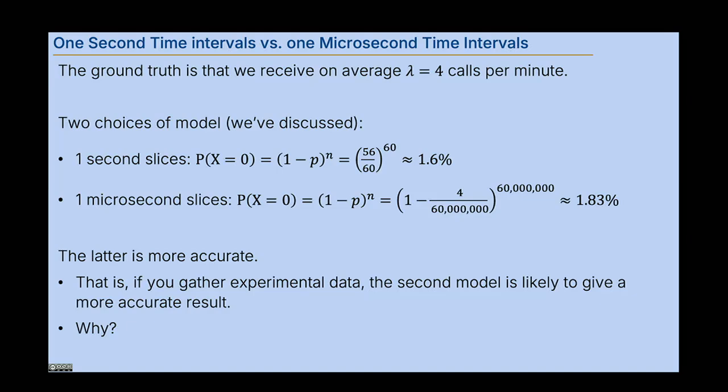Okay? All right, so this is more accurate. And why? Just to go back to this. We already said this, but if you use microsecond time slices, I say the 1.83% number is more accurate. That is, if you gather real experimental data, I think it'll tend to be better. Again, I'm ignoring that humans don't just decide randomly and make phone calls, but hey.